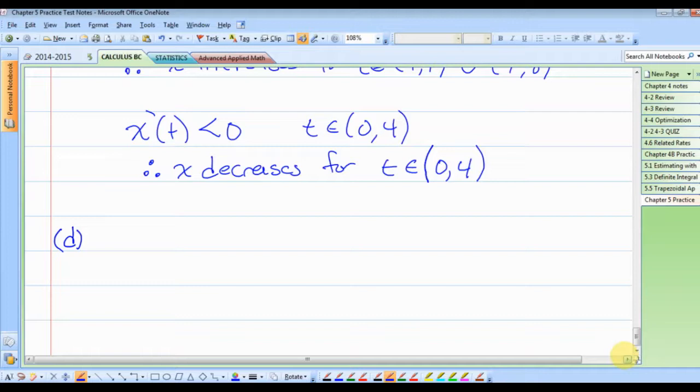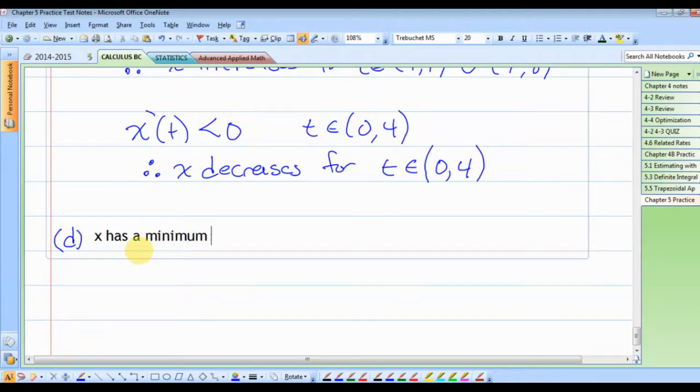We're looking for when the derivative goes from negative to positive. Okay, so let me type that. X has a minimum when x prime of t changes from negative to positive.